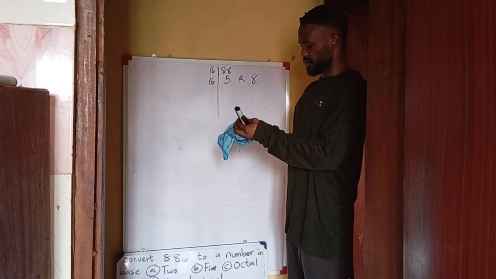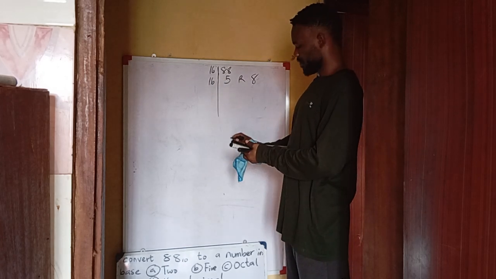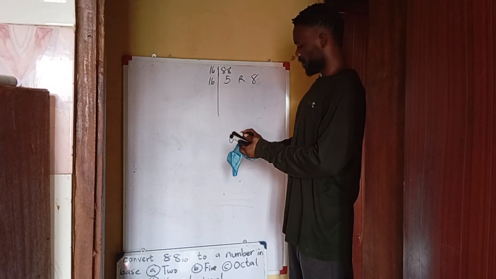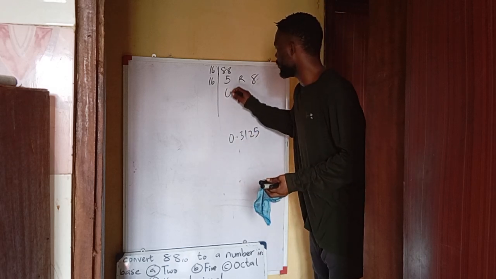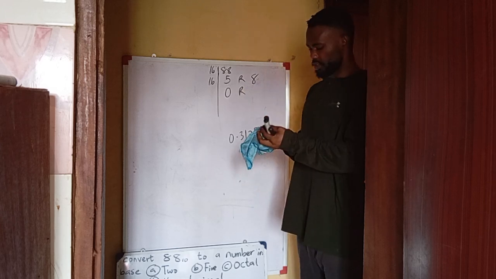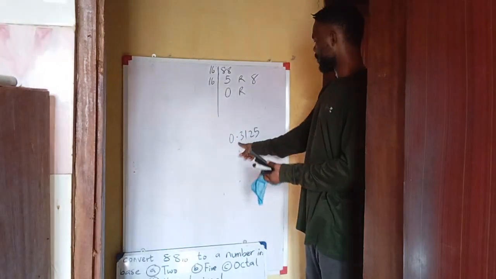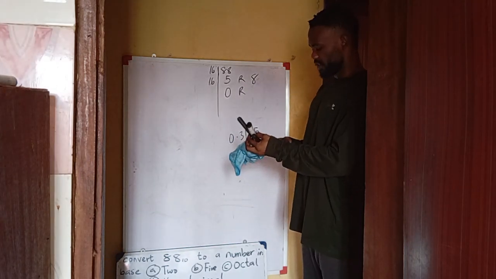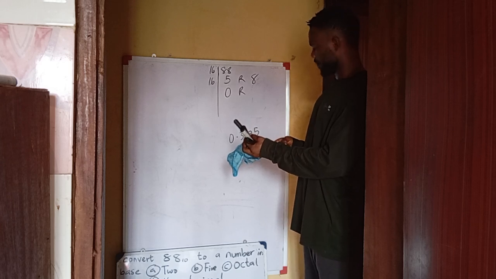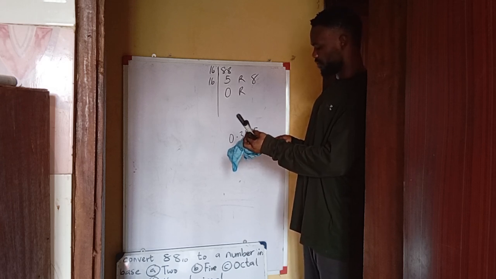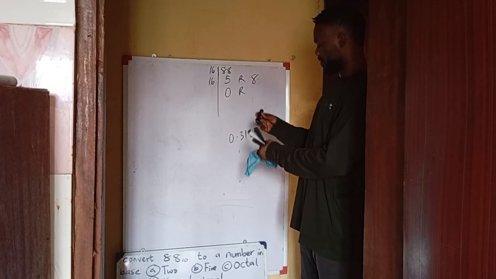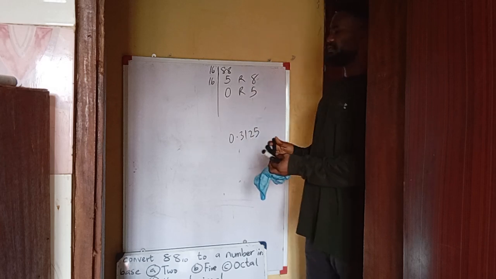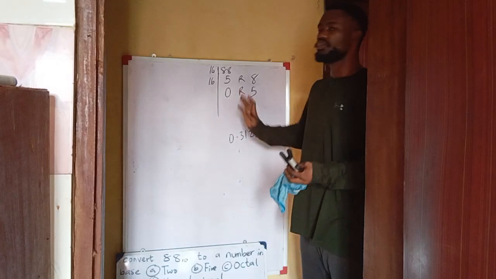On the calculator, we get 0.3125. Just write the whole part, 0, remainder. 0.3125 is the same as saying 0.3125 times 16, which gives me 5, remainder 5. The minute you get 0, you stop.